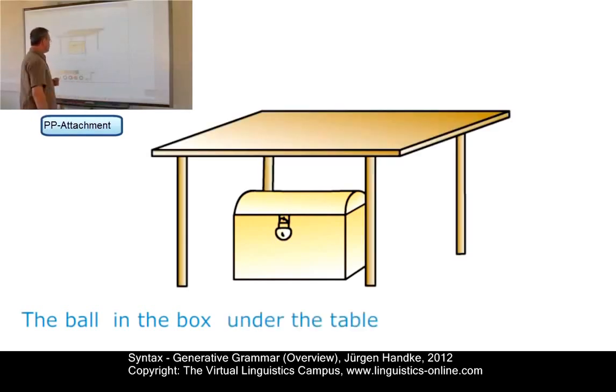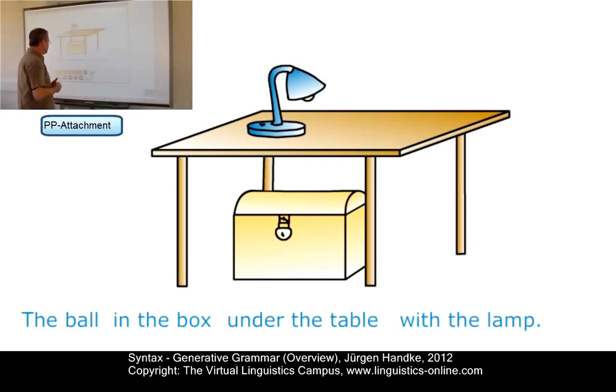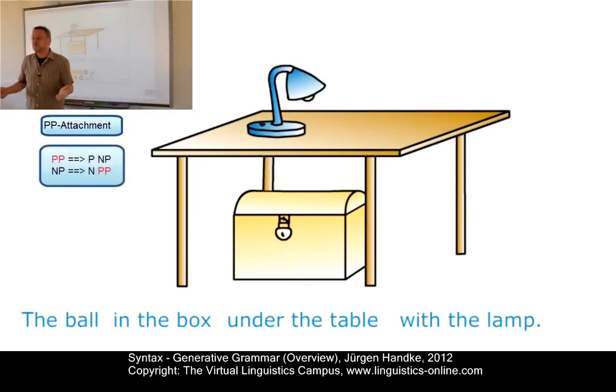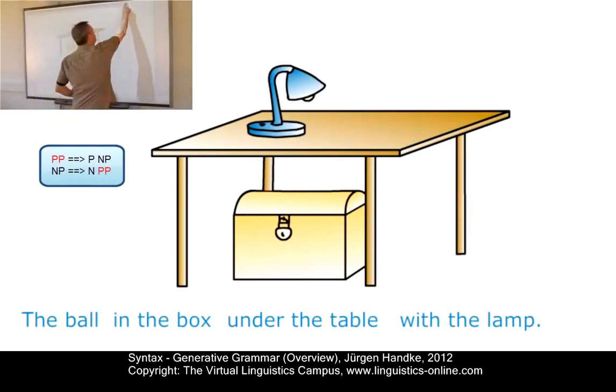Then let's continue with the ball in the box under the table. And here we can go on, the ball in the box under the table with the lamp, and you see there is no end to the number of prepositional phrases that can be attached to this construction. And the rule is quite simple.